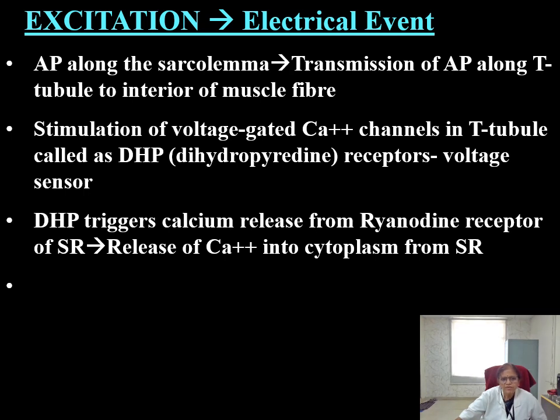There we have voltage gated calcium channels in the T-tubule called DHP receptors, dihydropyridine receptors, which are voltage sensors. Stimulation of these will trigger calcium release from ryanodine receptors of the sarcoplasmic reticulum, which are present on the cisterns. On stimulation, this DHP linked with ryanodine receptors will cause the release of calcium into the cytoplasm from the sarcoplasmic reticulum.